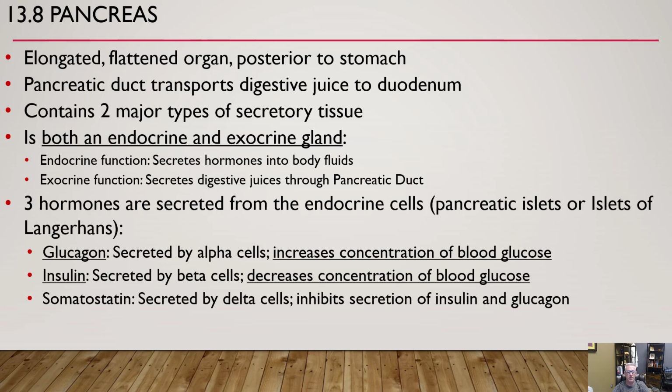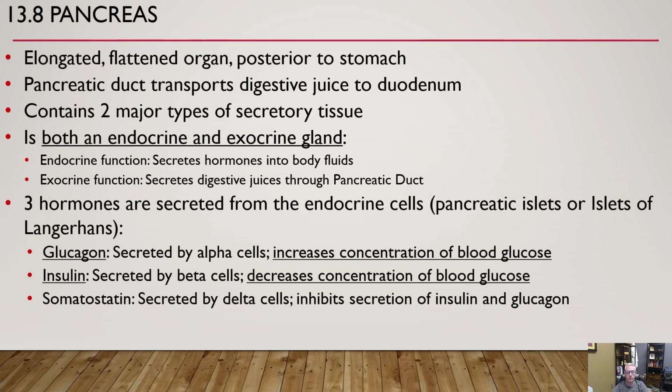Glucagon, insulin, and somatostatin. So glucagon is secreted by these alpha cells, and glucagon increases concentrations of blood glucose. Glucagon is a protein that stimulates the liver to break down glycogen into glucose. So remember, the suffix for break down is lysis.